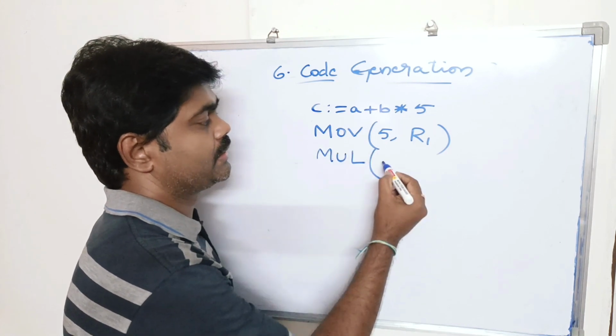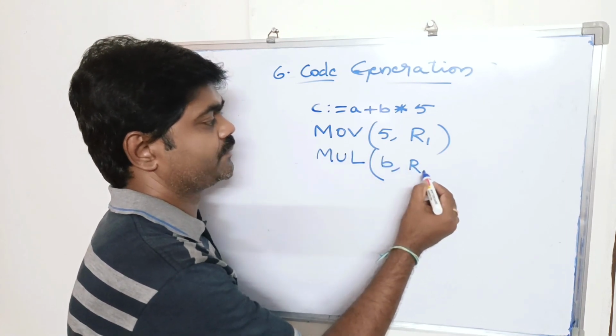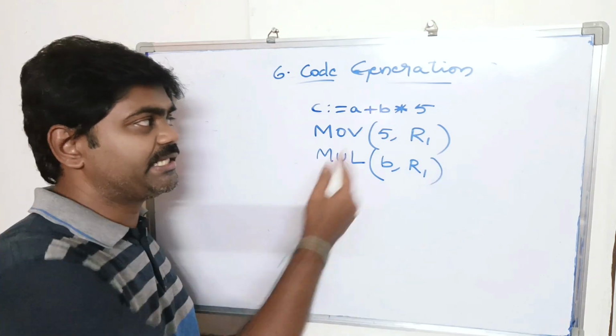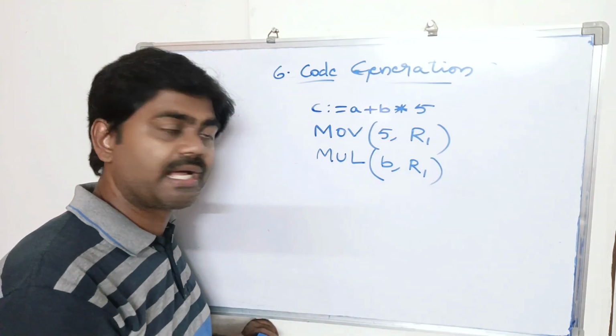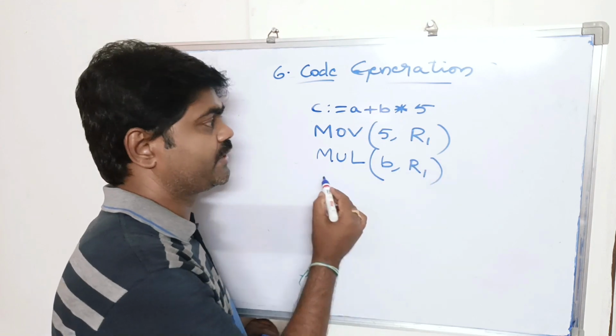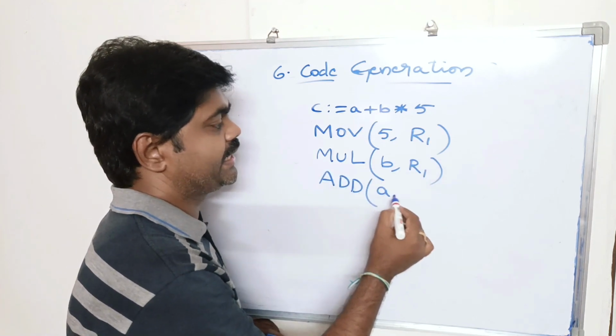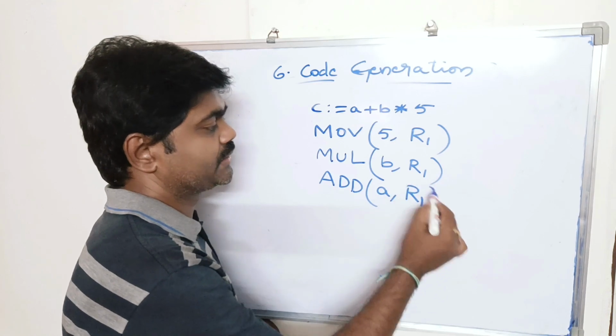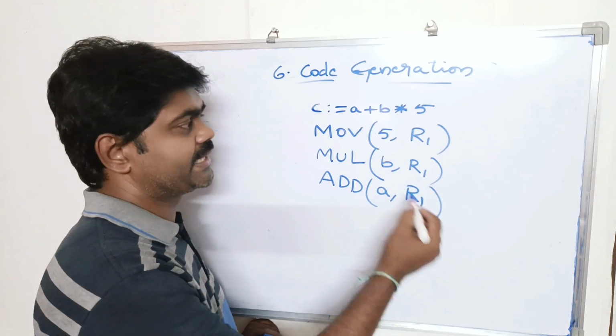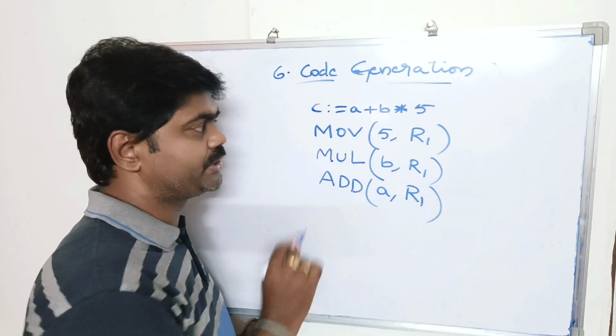Mul B comma R1. So mul is for multiplying. Mul B comma R1. Now R1 contains B into 5. Now add A comma R1. So I'm adding A and R1 contains B into 5. So A plus B into 5.